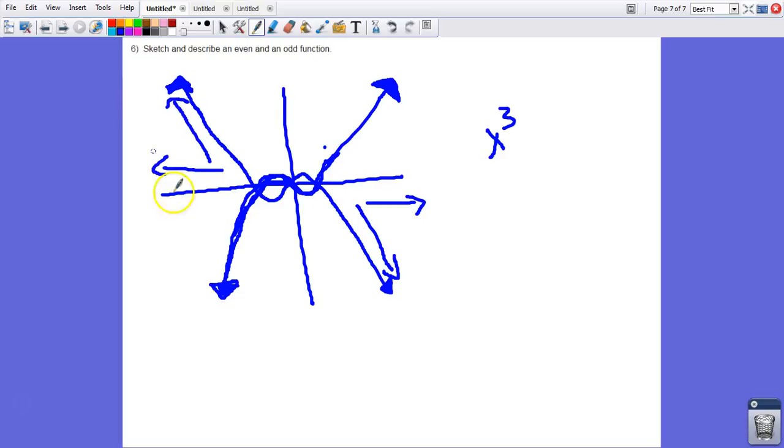The important part is that the ends are going in different directions. So that was negative x cubed. I should highlight the negative x cubed is this one. Okay. And that's an odd function where the ends are doing different things. They're going different directions.